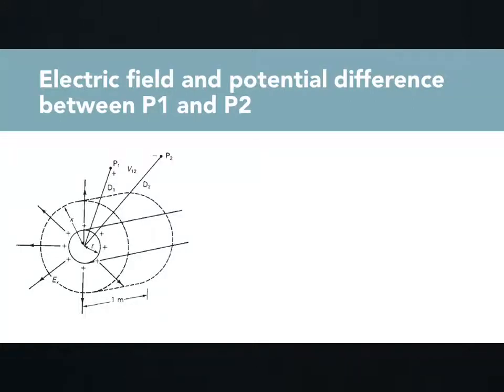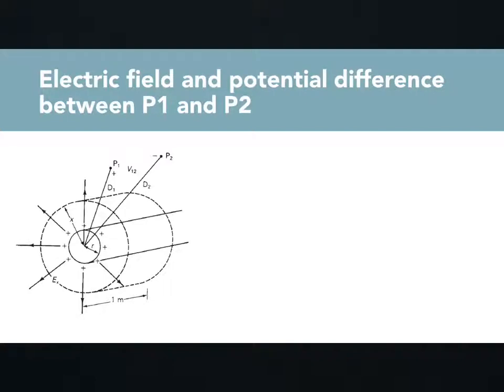Okay, so let us now consider this solid cylindrical conductor, with of course a radius r, and it has charges, denoted by plus here, the positive signs. Those are the charges, and they are assumed to be uniformly distributed on the conductor surface.